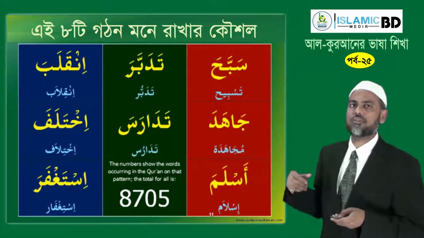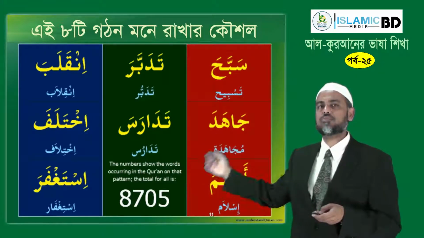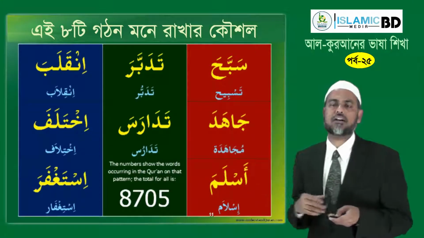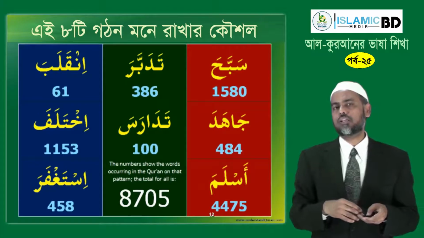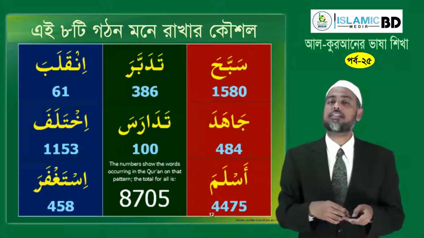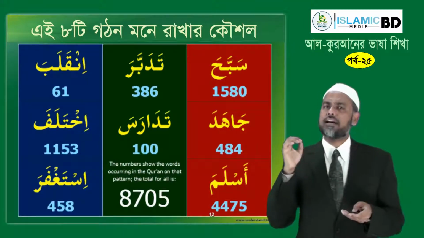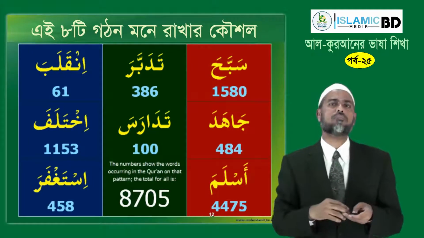If we do that, we will have inqilab, we'll come back with less ikhtilaf, and in the end we do istighfar. Inqalaba, ikhtalafa, istaghfara. And these forms occur in total almost 9,000 times in the Quran, or on average in every line of the Quran. So we have to learn them. They are very important and very interesting also.